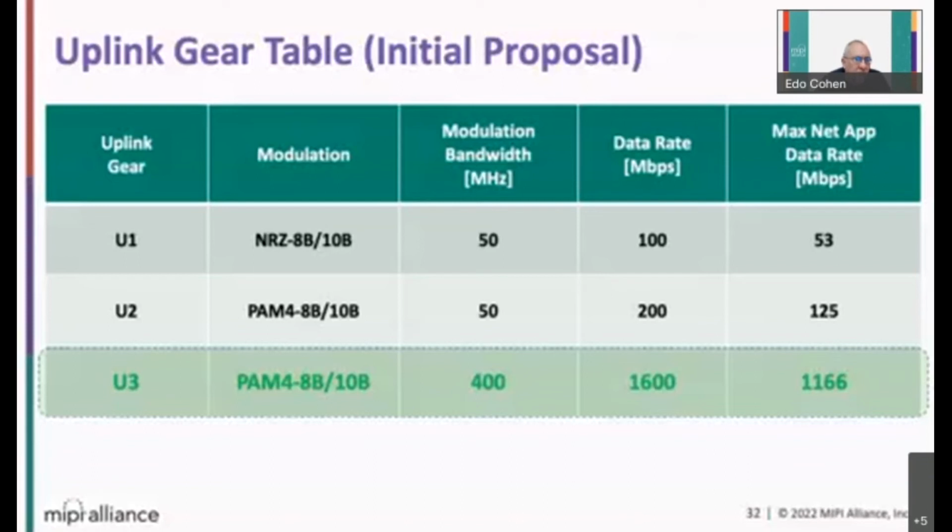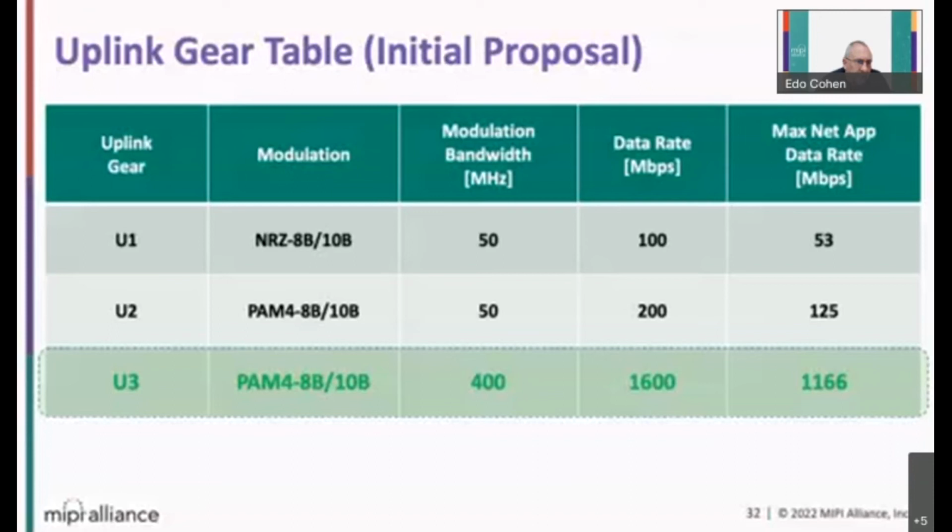impact. So in the first migration from gear 1 or U1 to U2, we maintain the same modulation bandwidth and the 8-bit, 10-bit capability, and move the system from NRZ to PAM4, thus getting double the data rate at the PHY, and even more than double at the net application data rate. When going to the higher speeds, it was important for us to maintain the same modulation scheme, again, to enable easier migration.